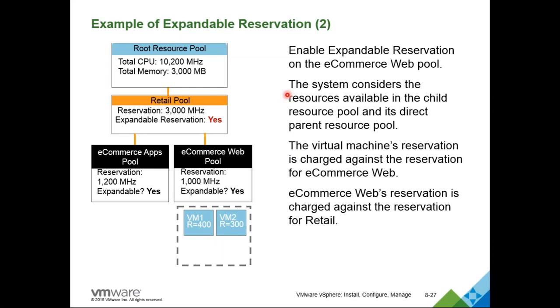Even here we have another example of the same thing. Enable expandable reservation on the e-commerce web pool. The system considers the resources available in the child resource pool and its direct parent resource pool. The virtual machine reservation is charged against the reservation for e-commerce web. The e-commerce web reservation is charged against the reservation of retail.